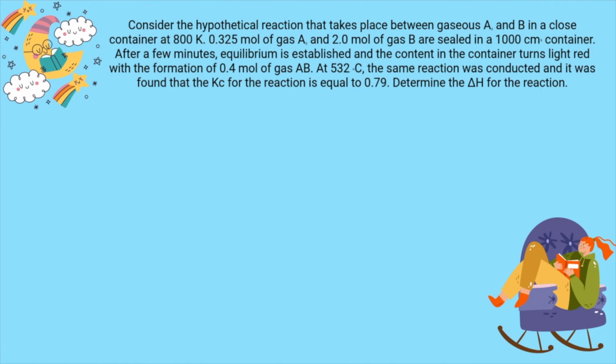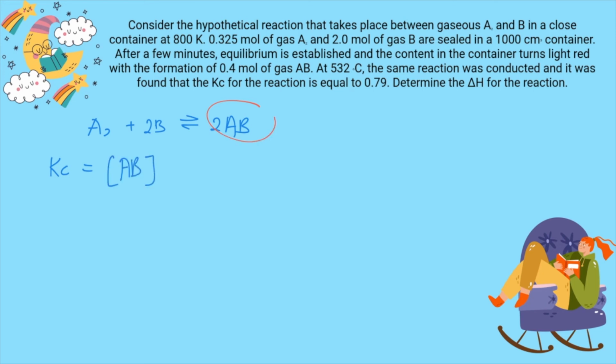In order to calculate your Kc, I'm just going to write again the equilibrium. A2 plus 2B will produce 2AB. So you should be able to calculate your Kc equivalent to whatever is in the product, which is AB.